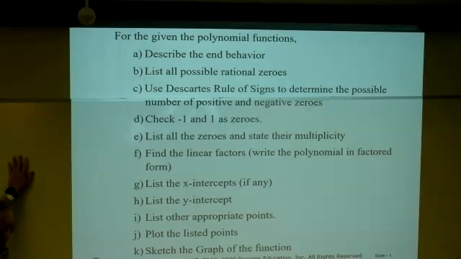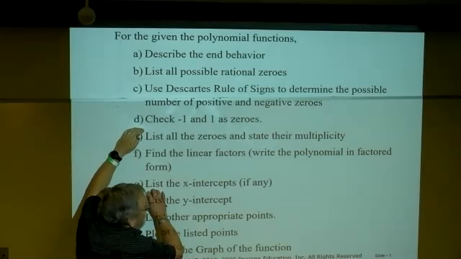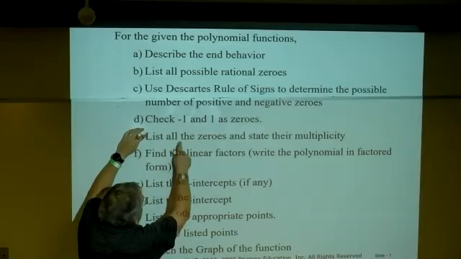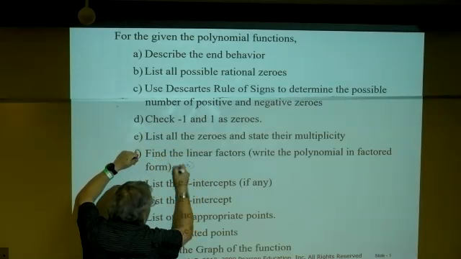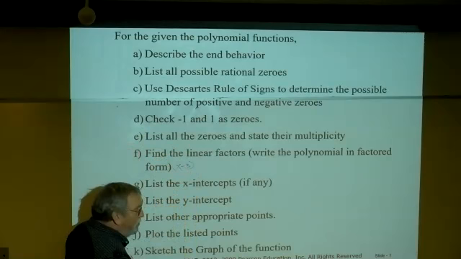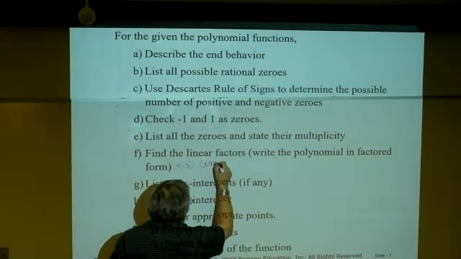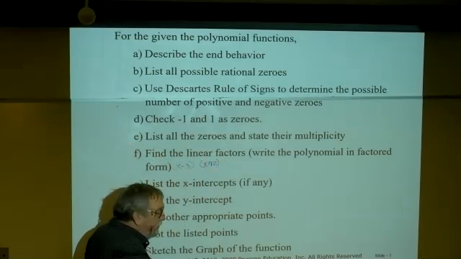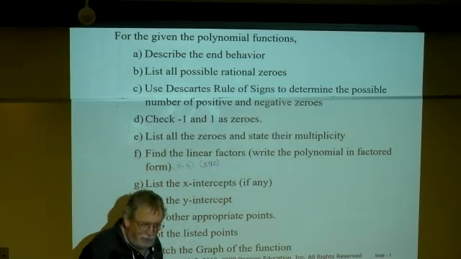Now, of the 11 things I ask you to do, three of them, once you get a number, you have the other three. If I get 3 as a 0 here, then I know x minus 3 is a factor. If I get negative 12 as a 0, then I know x plus 12 is a factor. And then the zeros and the x-intercepts are the same numbers.